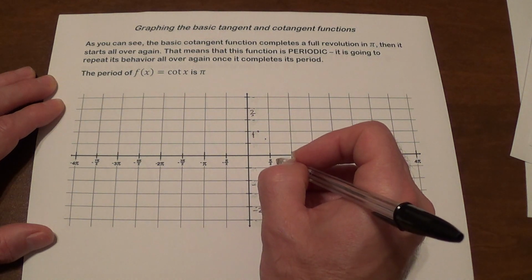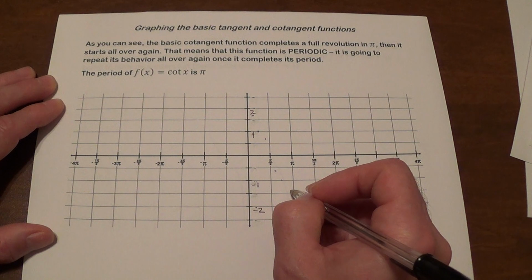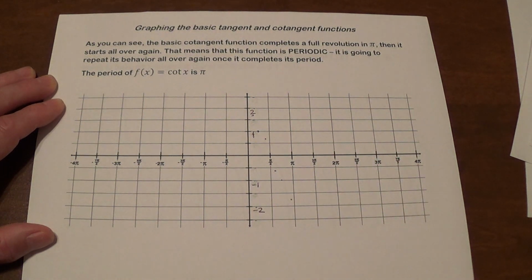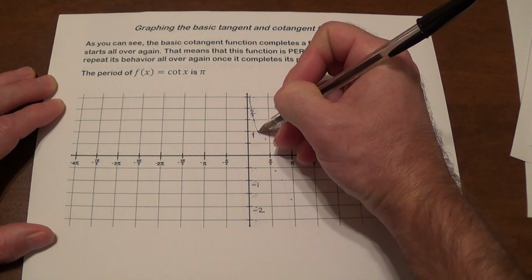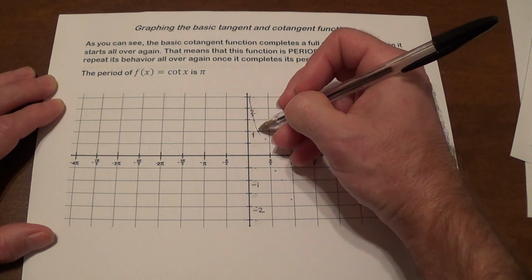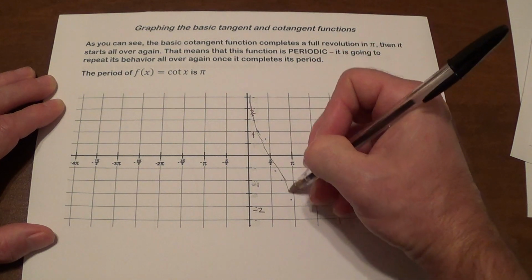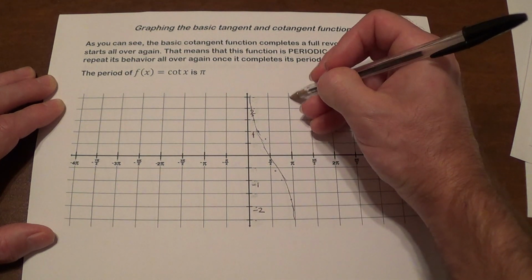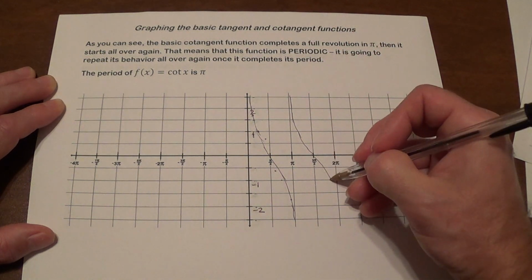And so what you're going to notice is that this graph is going to look very much like a mirror reflection of the graph of tangent.